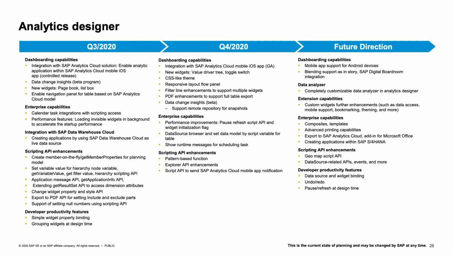And what we are planning for the future is definitely further enhancement for mobile support, which means we also would like to deliver the Android app solution integration with the analytics app, and also digital boardroom integration, blending support, and for the generic analysis, we will add more capabilities to the generic analysis scenario.